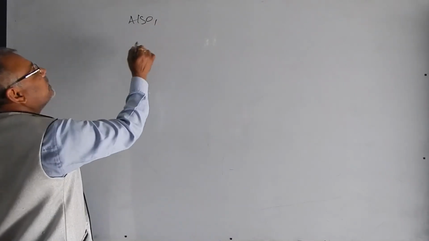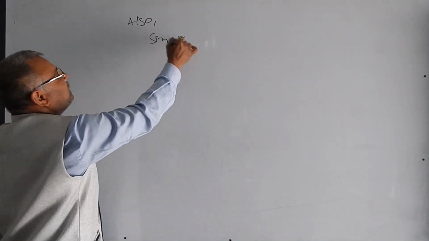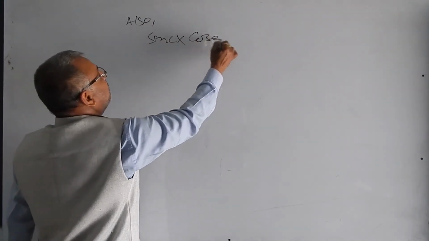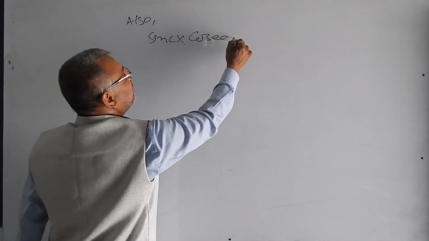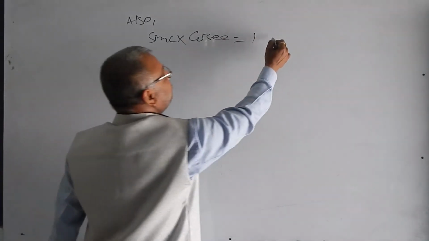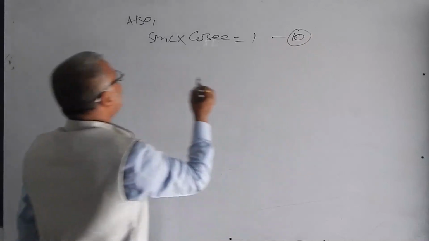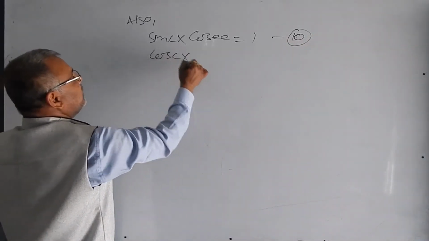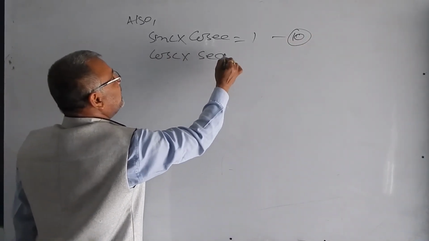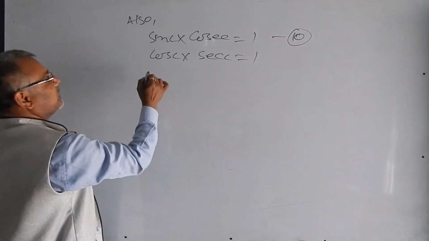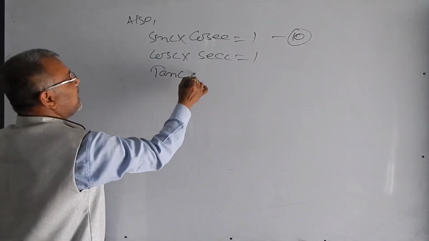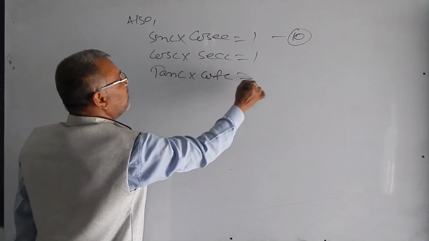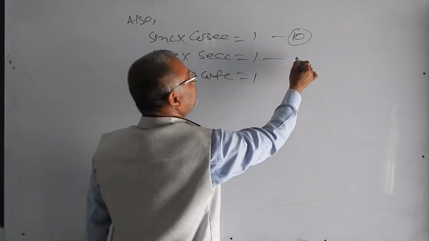Also, sin C into cosec C is equal to 1. Cos C into sec C is equal to 1. Tan C into cot C is equal to 1.